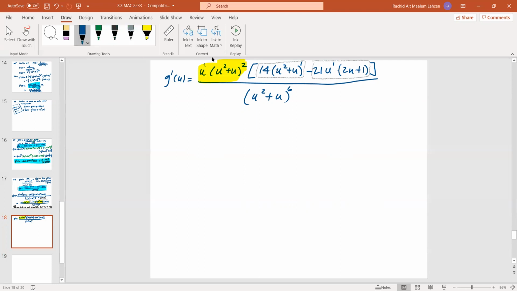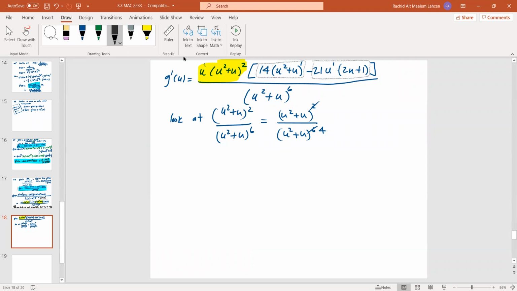So let's look at simplifying. Look at u squared plus u squared over u squared plus u to the 6th. We can cancel a 2 with the 6 there, right? So a 2 from there leaves you a 4. That tells us that 4 will be left there and none here.